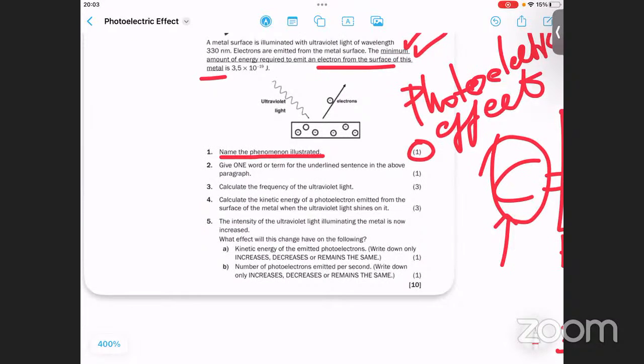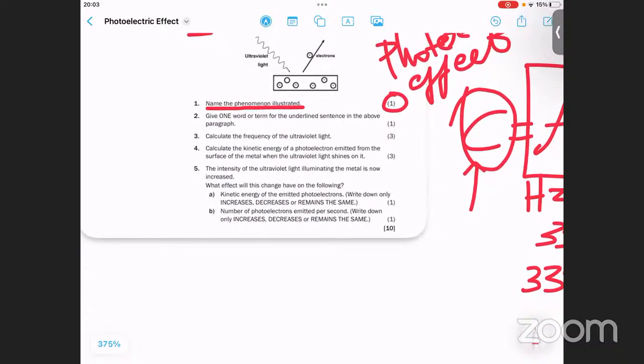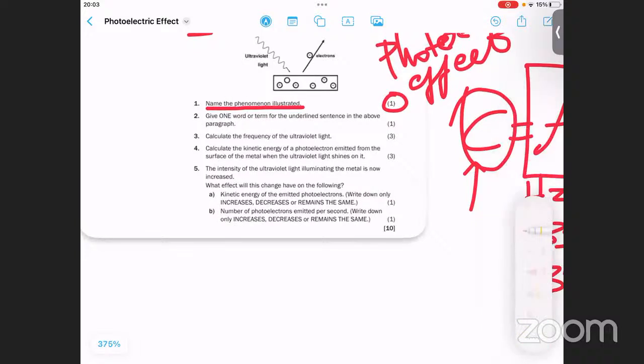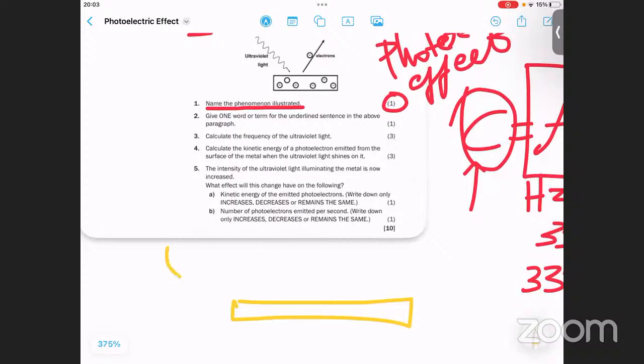So when the intensity increases, it doesn't affect the energy. It's like they are just adding more light of the same energy, like more sunlight. Let's say that was the metal, and there we had the light, the sunlight shining up to that point.